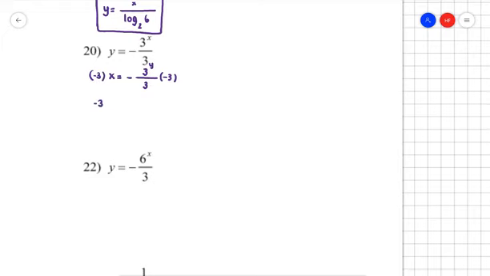So I get negative 3x is equal to 3 to the power of y. So this canceled this and the negative. And then I'm going to be able to convert. This is my base. So log base 3 of negative 3x is equal to y.